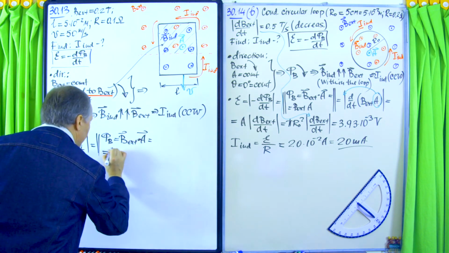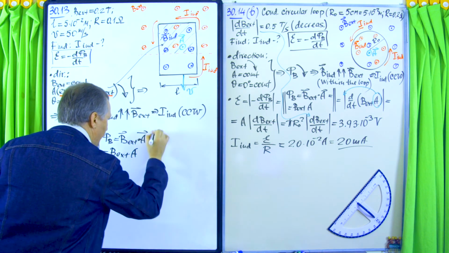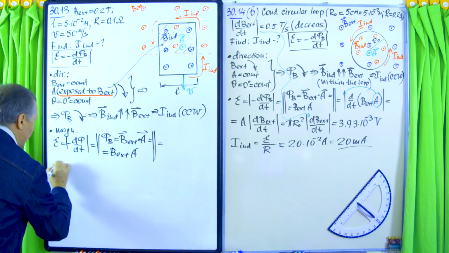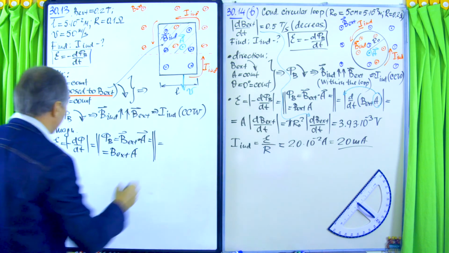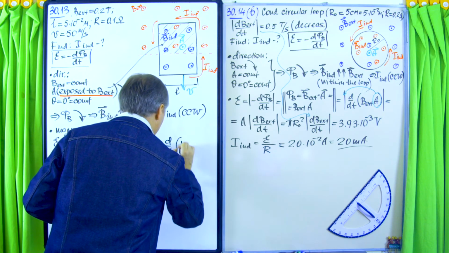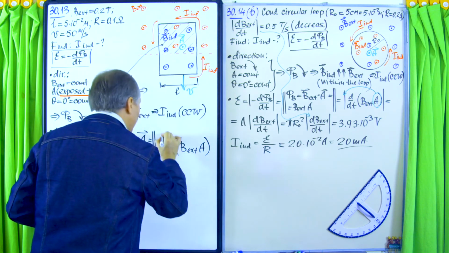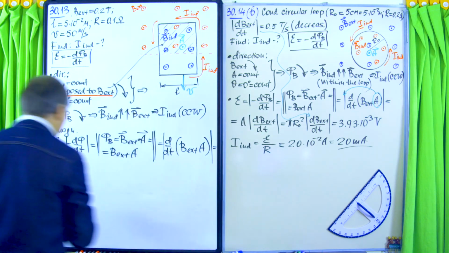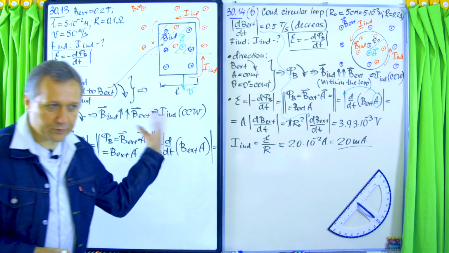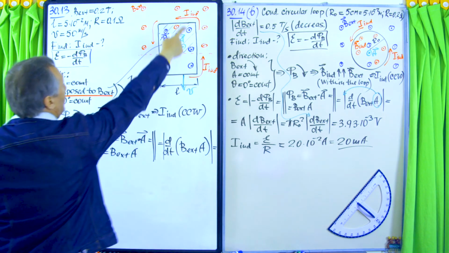So immediately I can write it as B external times A. And of course, I will plug it in here. So it will be d over dt of B external times A. I move faster because we've done exactly the same steps a couple of times, right?